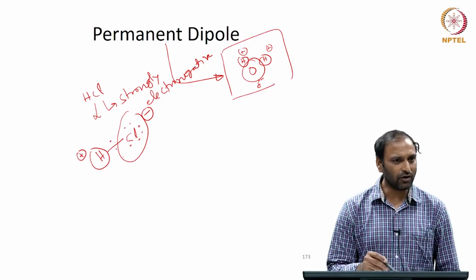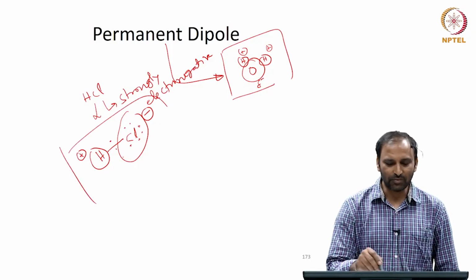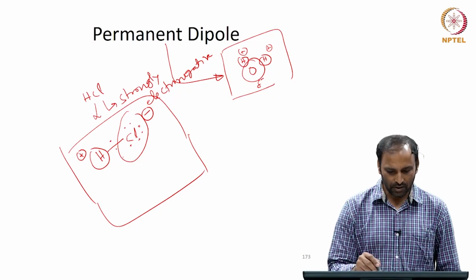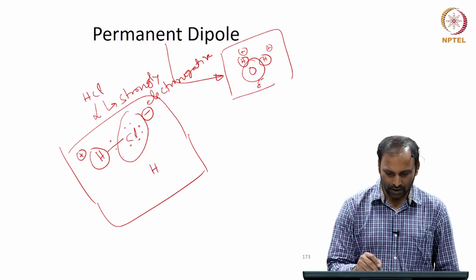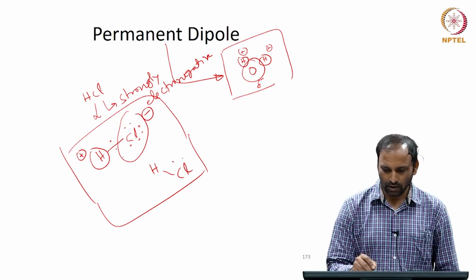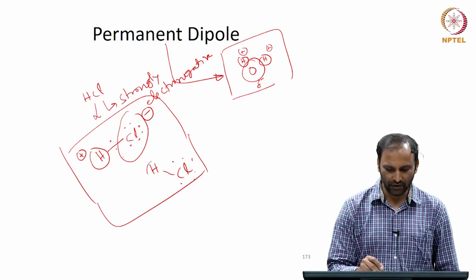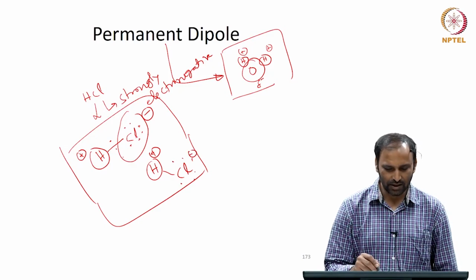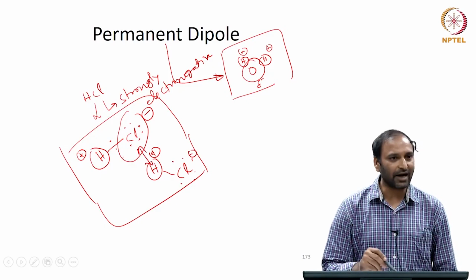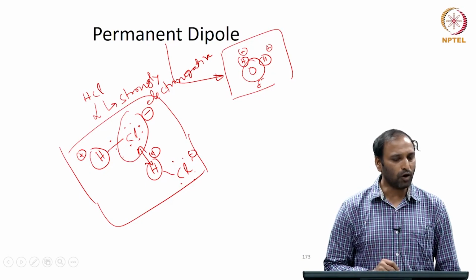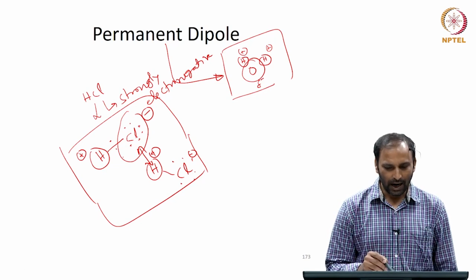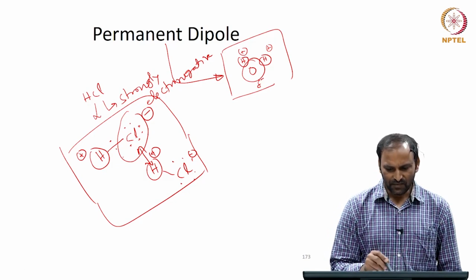So, whenever you have many such molecules, if I take, for example, another HCl molecule, again I can write a similar configuration. This end is going to be slightly positively charged, this end slightly negatively charged, and there is going to be an attraction between the two molecules which have permanent dipoles.